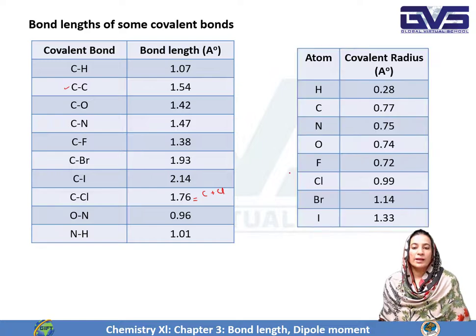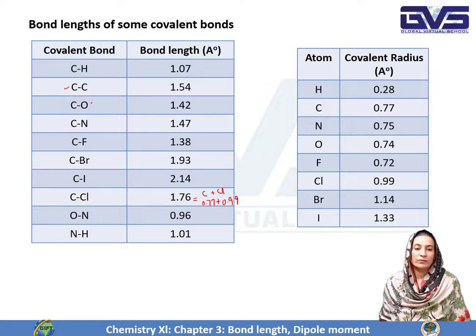Carbon is 0.77 and chlorine radius is 0.99, and when you add them it is exactly equal to 1.76, but not in all cases. Sometimes the bond lengths vary.